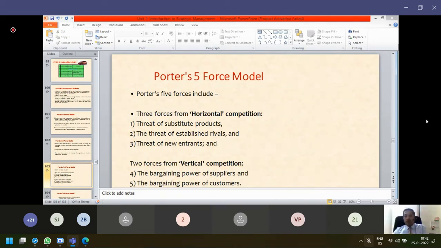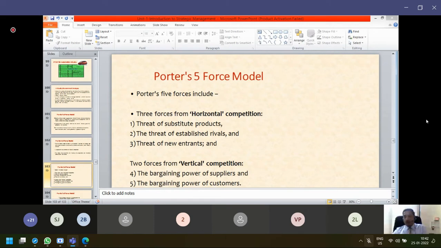In vertical competition, there are 2 factors that can be studied: the bargaining power of suppliers, and secondly the bargaining power of customers. The suppliers and customers both have bargaining powers.